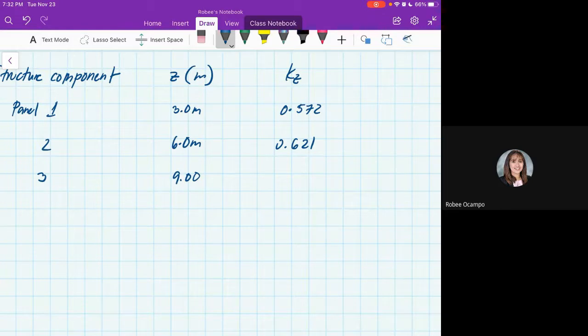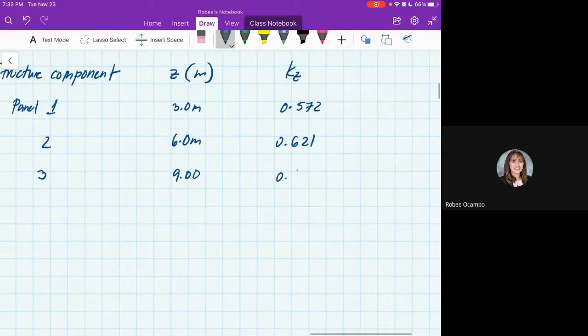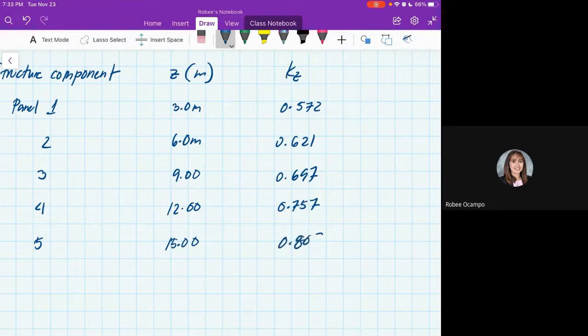Again, every panel natin has a height of 3 meters, right? So nagkakaroon tayo ng increment of 3 meters for every panel. Okay. So for panel 3, we have 9 meters. So the value of KZ would be 0.697. For panel 4, we have 12 meters. So that's 0.757. Panel 5 is 15 meters. That's 0.807.